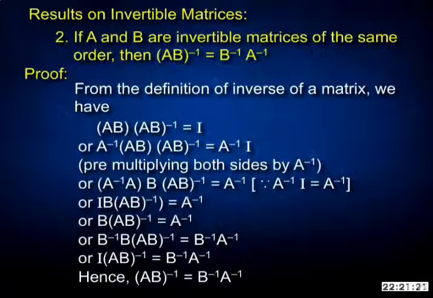Now, pre-multiplying both sides by B inverse, we get B inverse into B into inverse of A into B is equal to B inverse into A inverse. Or we can say that identity matrix I into inverse of A into B is equal to B inverse into A inverse, which implies that inverse of product of matrices A and B is equal to B inverse into A inverse.